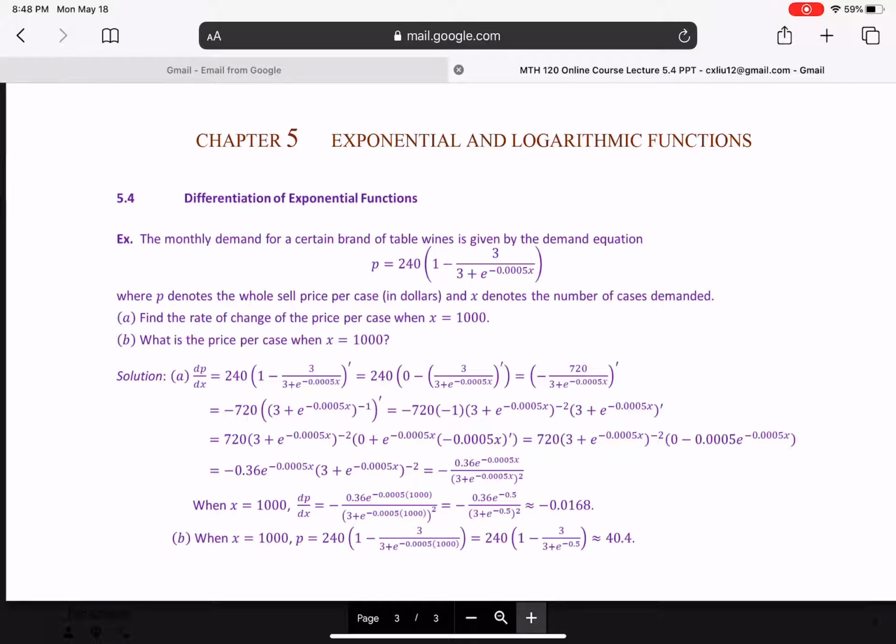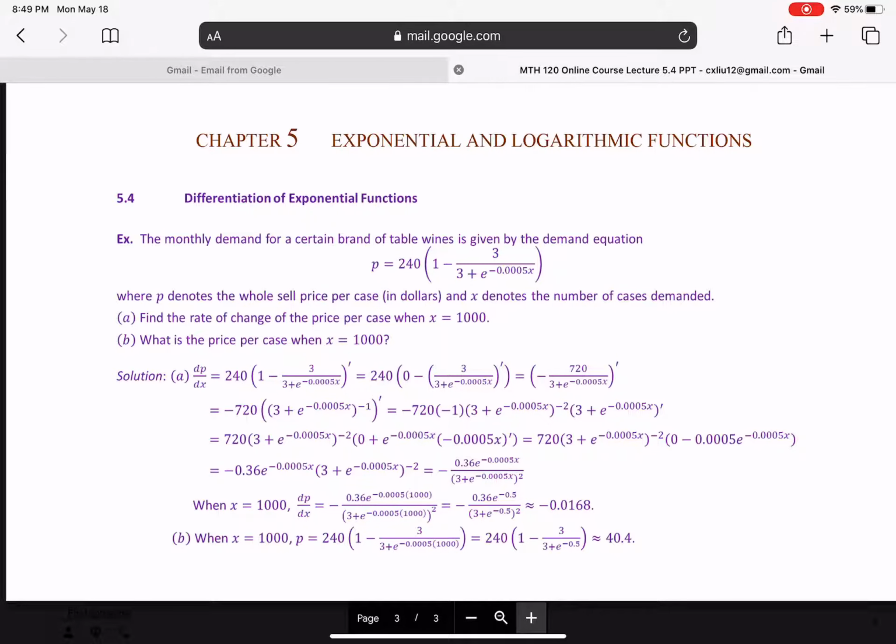Now we can rewrite this as negative 720 times (3 plus e to the negative 0.0005x) to the negative 1, prime. And then use the power rule and the chain rule. So we get negative 720 times negative 1 times (3 plus e to the negative 0.0005x) to the negative 2 times (3 plus e to the negative 0.0005x) prime.